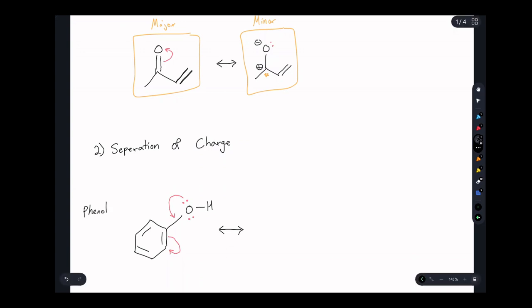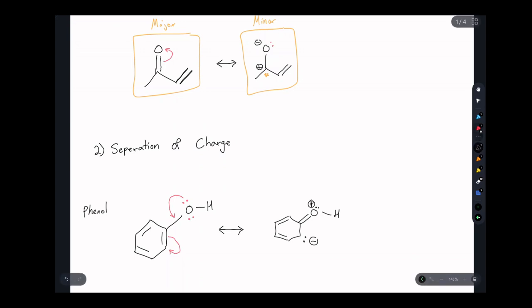Now, if we follow these arrows here, the oxygen is going to be forming a double bond to the benzene ring, and we're going to be getting a lone pair on this carbon. So following those arrows as drawn, we get a molecule that looks like this. Now here, there is no octet rule violation, as a positive oxygen might not be stable, but it does have a satisfied octet, and that is also true with a carbanion.